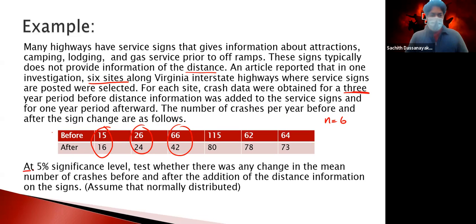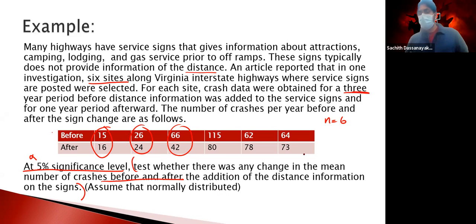At the 5% significance level, alpha given, test, this is the researcher's claim up to this point: test whether there was any change in the mean number of crashes before and after the addition of distance information on the signs. There was any change.